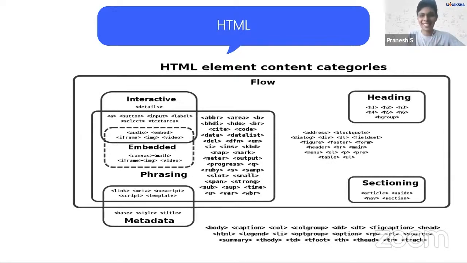Keep that clear. Okay. So first, before we go further, let us know what an element is, what the categories are, and how HTML differs from HTML5. Inside HTML, as I told you, there are many different tags. Why are these tags given?